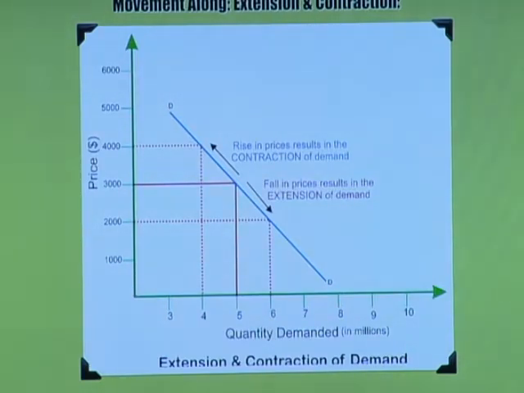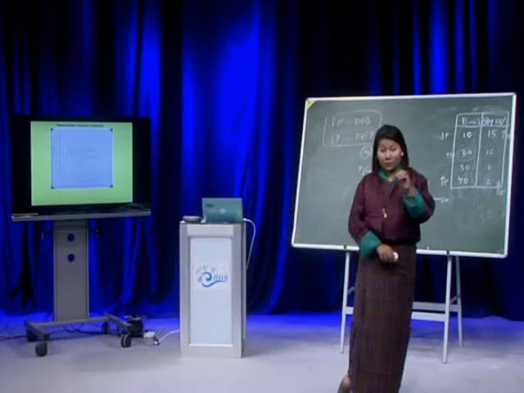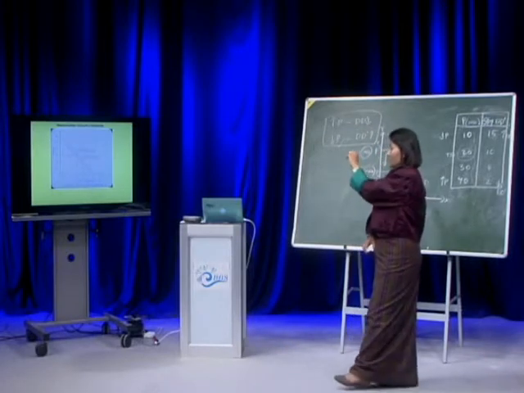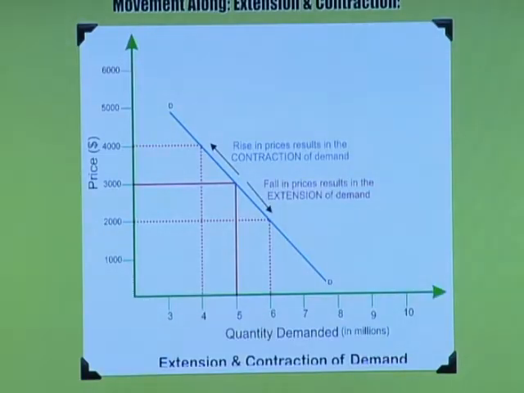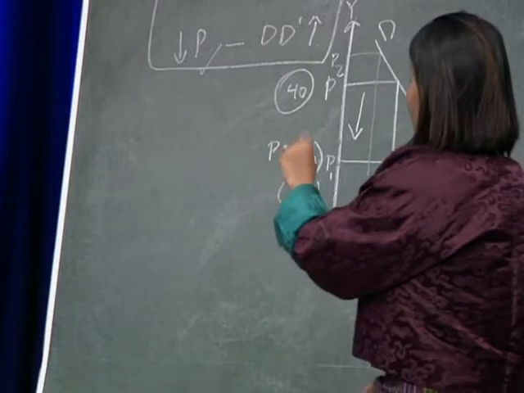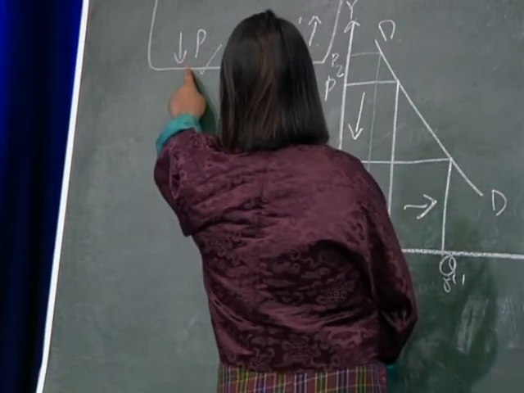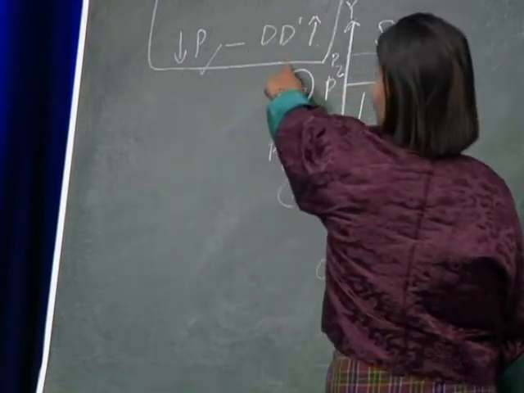When we talk about extension from the original price, what is the original price here? The original price is $3,000. From $3,000, when the price decreased to $2,000, the quantity demanded increased. And so what did we say? Lower the price, higher the demand.